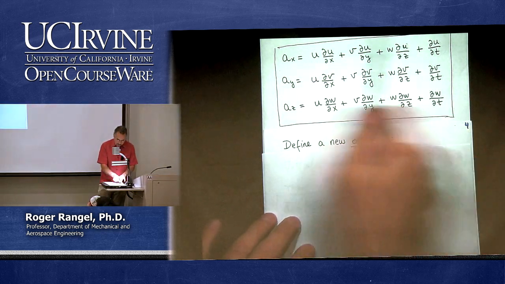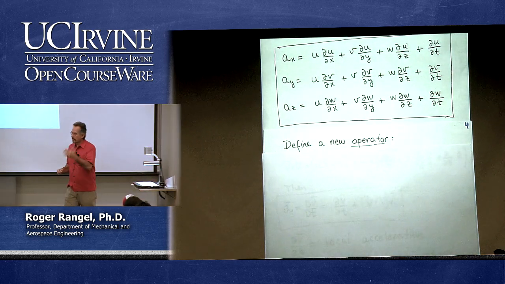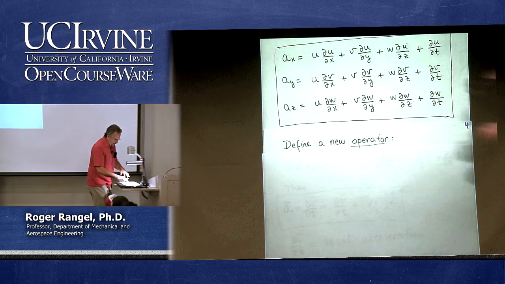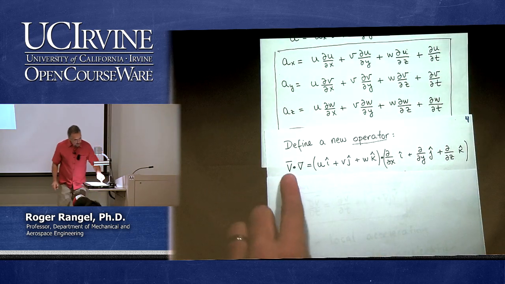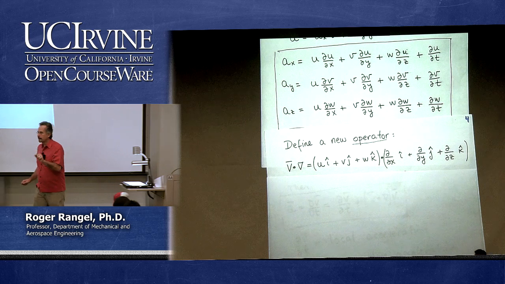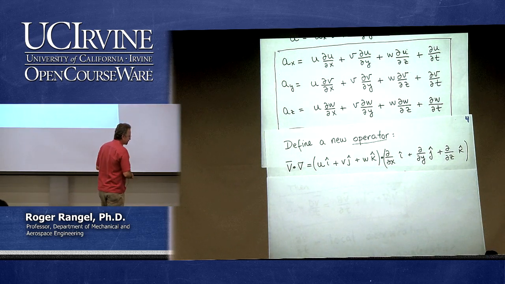The way to write this in a simplified way would be to define an operator in the mathematical sense. And we define that operator as velocity dot the del operator.